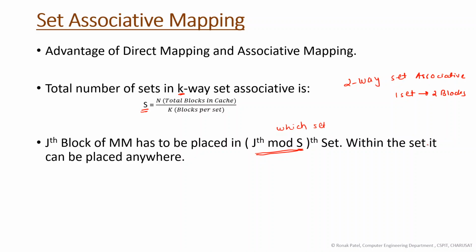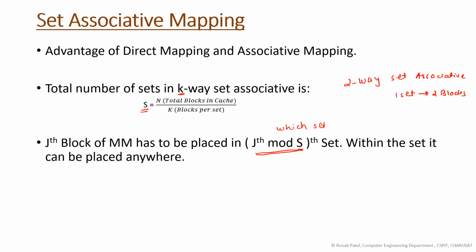And within the set, it can be placed anywhere. In direct mapping, we were fixing a direct block. In associative mapping, all blocks are open. But now in set associative mapping, we have grouped the blocks in sets.